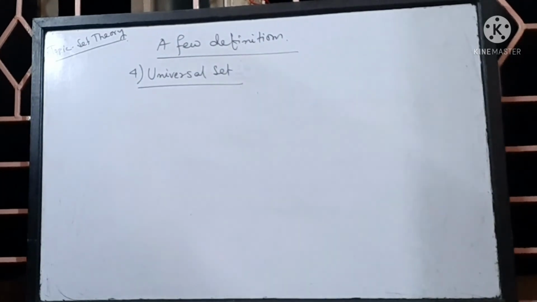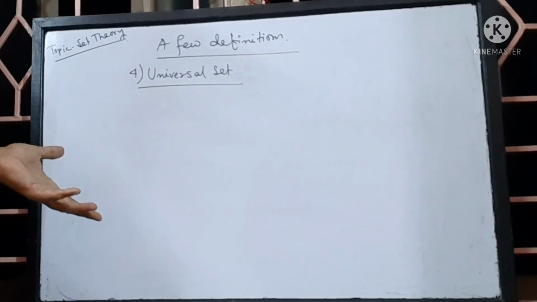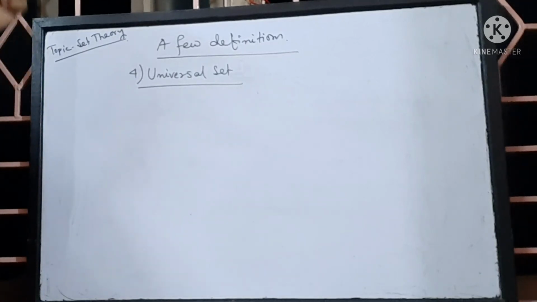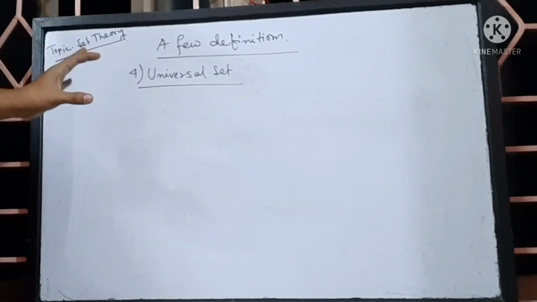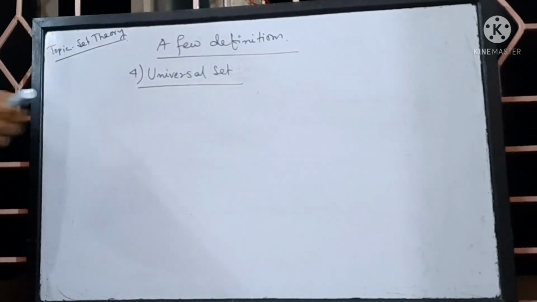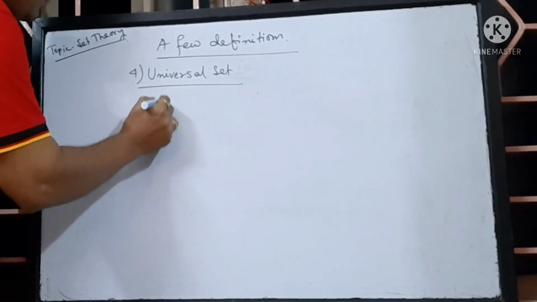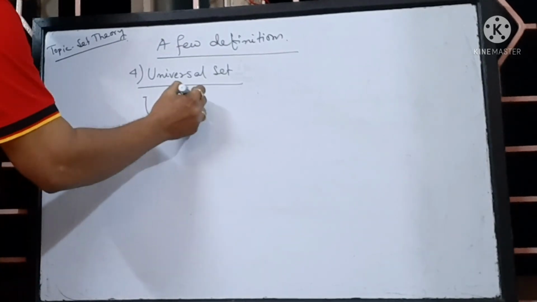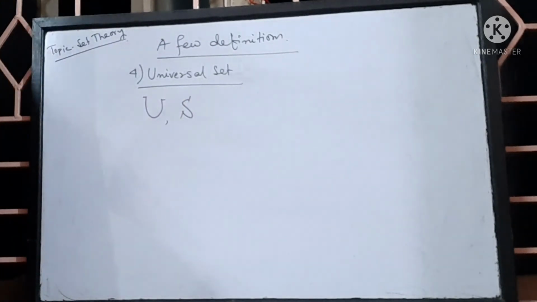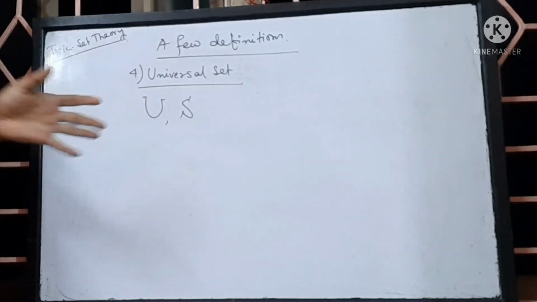In any discussion of sets, the largest set is called the universal set, and generally it is represented by U, or sometimes by S. Okay, the universal set.